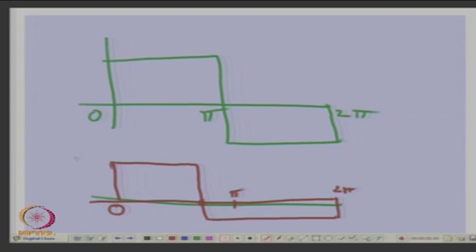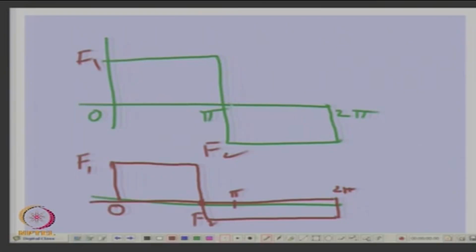Then this is F1 and this is F2, which is not the same. Here F1 equals F2, symmetrical. You compare these two waveforms: what harmonics will be present, what harmonics will not be present. Here, in this top one, no even harmonics.